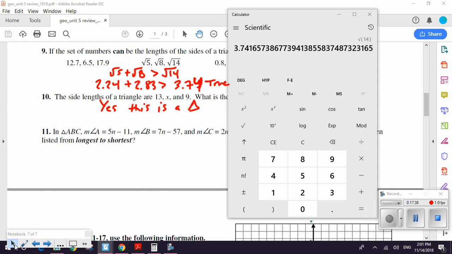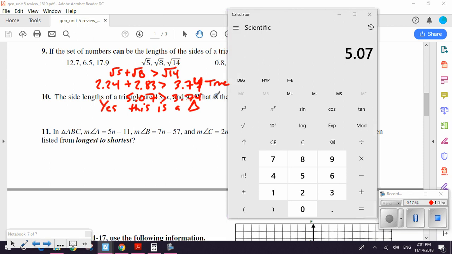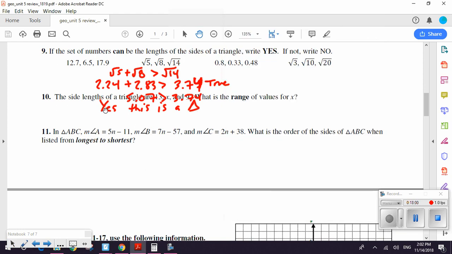But to be exact, 2.24 plus 2.83 is equivalent to 5.7. So it's way larger than 3.74. So please do the other two sets by yourself. And again, write yes or no if it doesn't work.